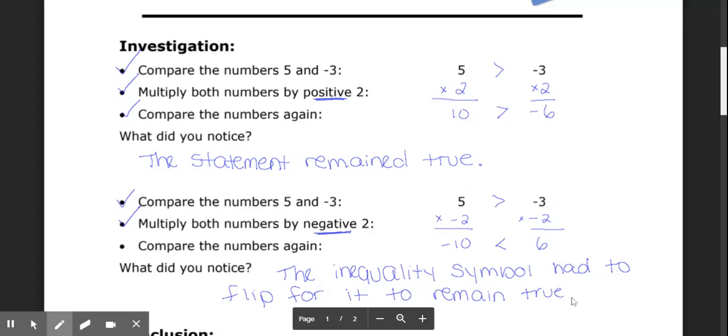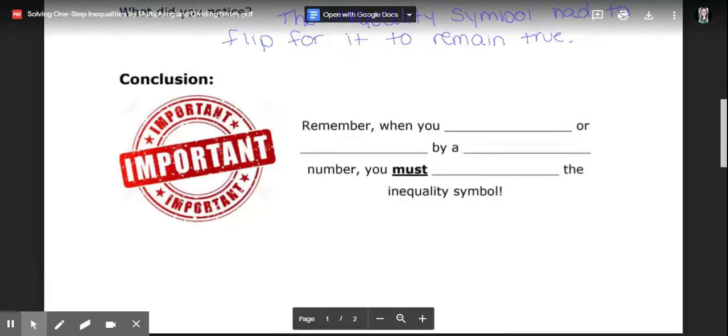And this is a huge key idea when you're working with inequalities. Mathematically, they're not too complicated to solve. Once we get to the examples and we start solving them, it'll be easy peasy. The tricky thing here is anytime you're multiplying or dividing by a negative number, we're going to have to flip the sign. So let me clear my screen and move on down to the final conclusion here, because this is the really important part. So important that I'm actually going to write it in red.